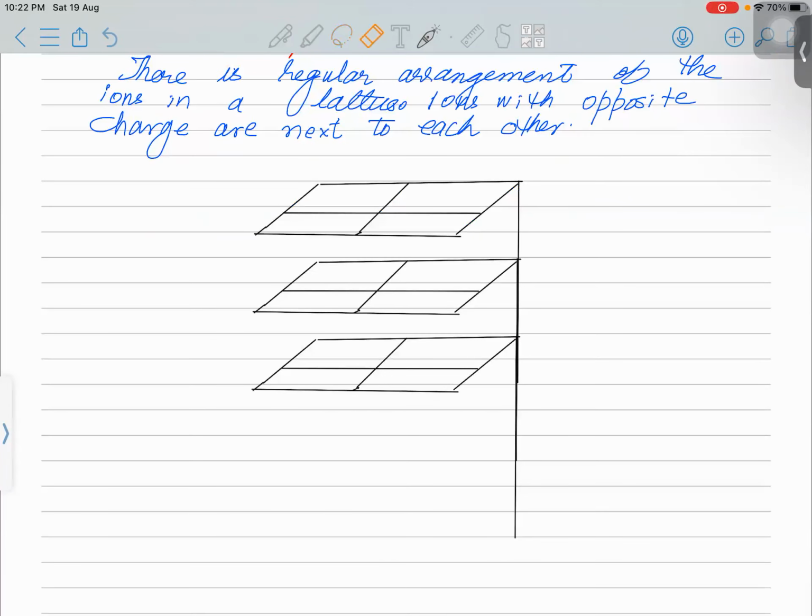Crystal lattice is the arrangement of cation and anion in a particular manner. This manner is called crystal lattice.